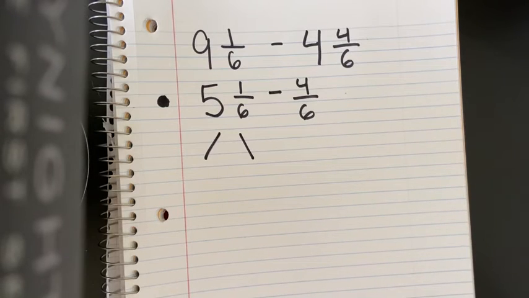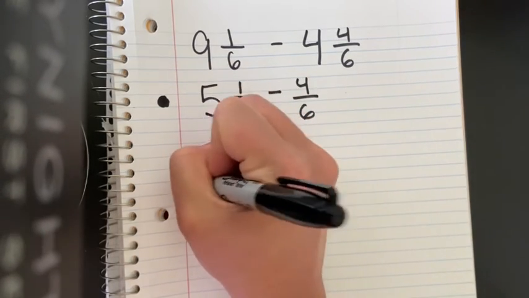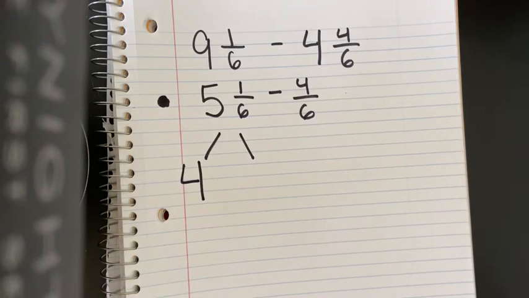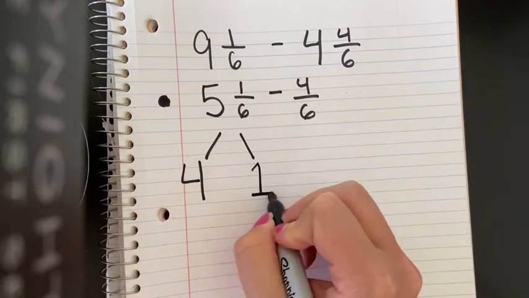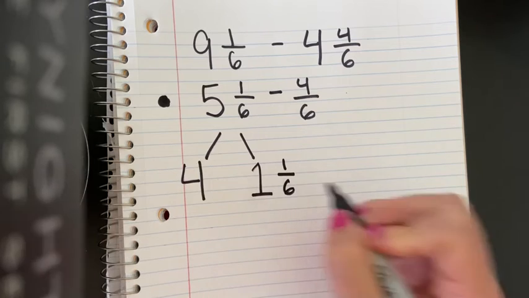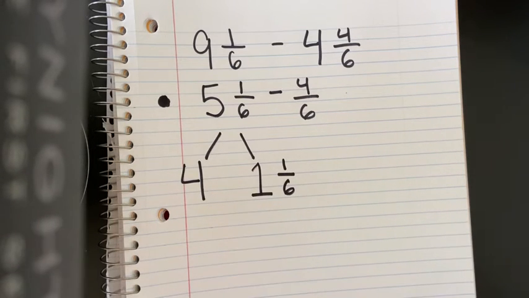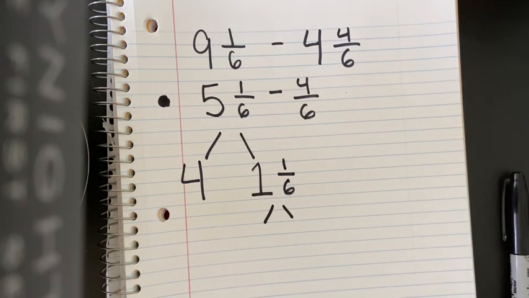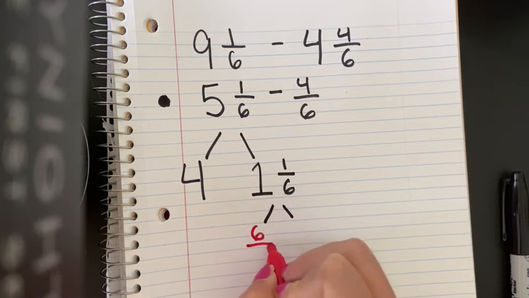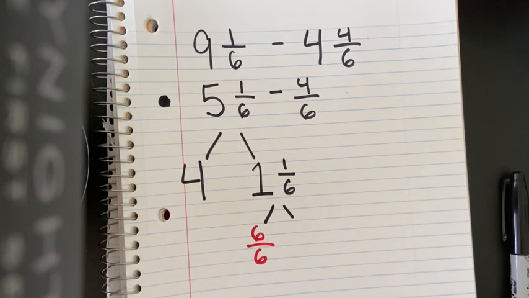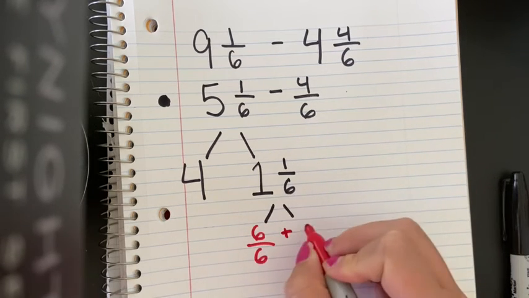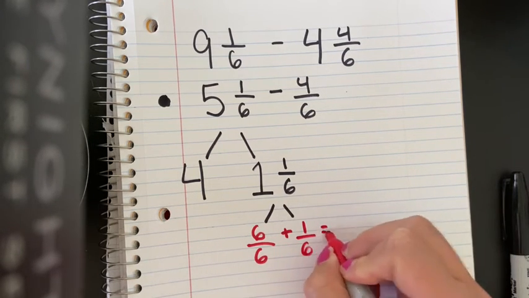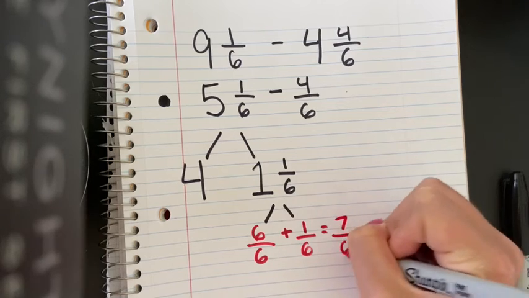Since I have 5 1/6, I know I'm going to receive at least 4 wholes, leaving me with the remaining mixed number 1 1/6. Well, let's change 1 1/6 to equal an improper fraction. I know that 1 whole is going to be equal to 6/6 because our numerator and denominator equal that whole number when they match, and we can add that with the 1/6, making this improper fraction 7/6.